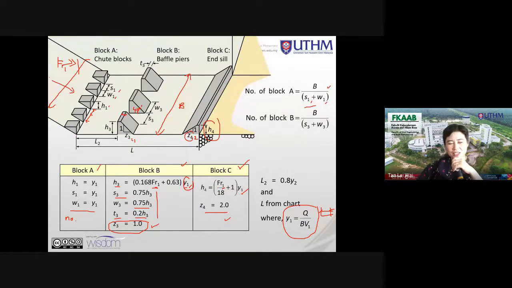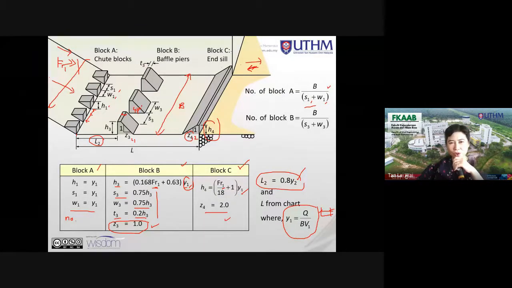Now, what is the distance from your chute blocks? If you look at this, L is the horizontal distance. What is the distance between chute blocks to baffle piers? It is L2. Now, what is the formula of L2? L2 depends on Y2. I hope you still remember. You can actually get Y2 because you know that this is supercritical, and you want to create subcritical flow.